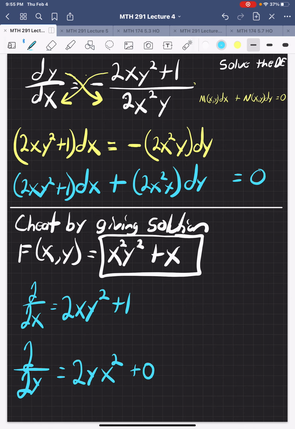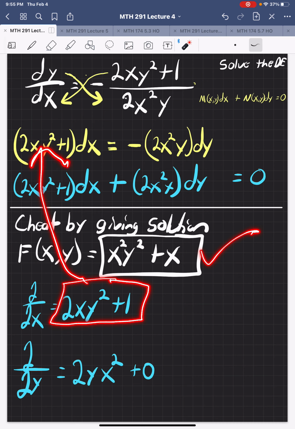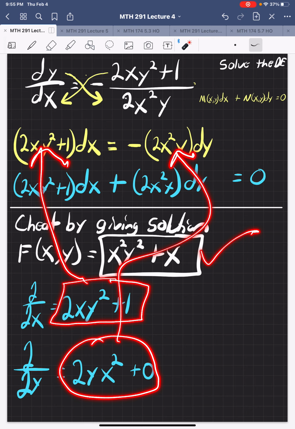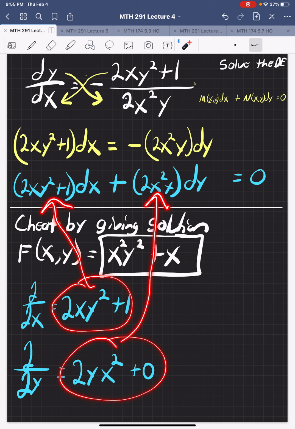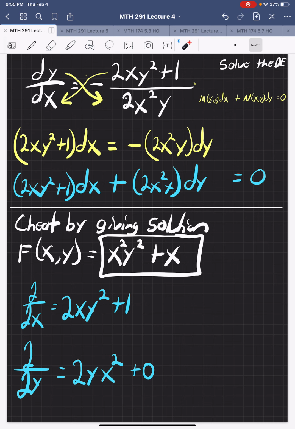All right. So now, how do I know that what I did was correct? This is your proposed solution, you took your partials. Notice that this matches exactly what we had for M and N. So we know that that is the solution to that differential equation.